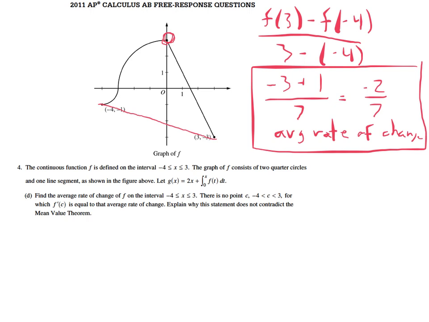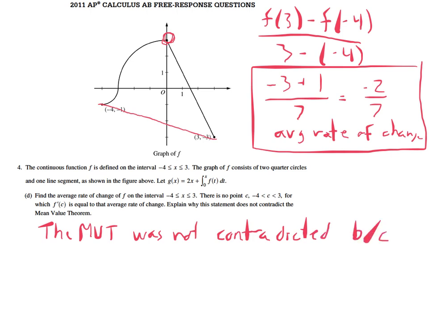So, they say explain why this statement does not contradict the mean value theorem. Say the MVT, mean value theorem, was not contradicted because f is not differentiable at x equals 0.